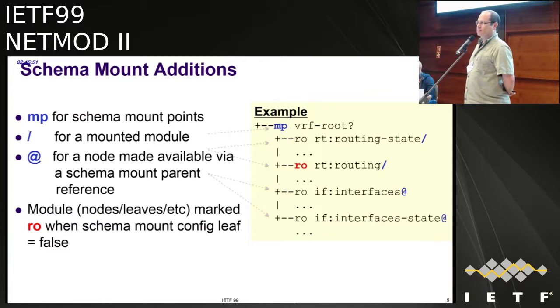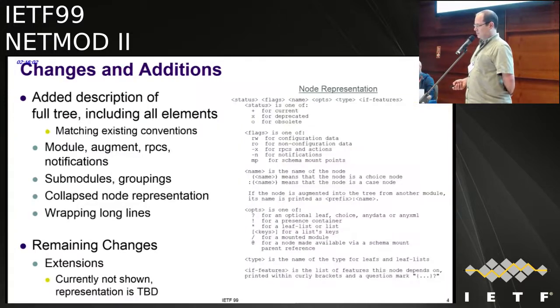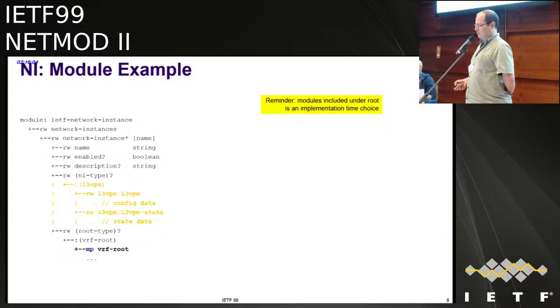Balázs Lengyel: Am I right in saying that even the top two lines, the mounted modules, can only be known if I know the state data? So my question is actually, how would a tool like Pyang know what to put there, or is it just a manual notation? So here's an example of an actual module.